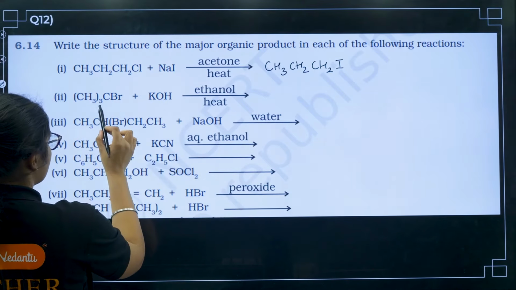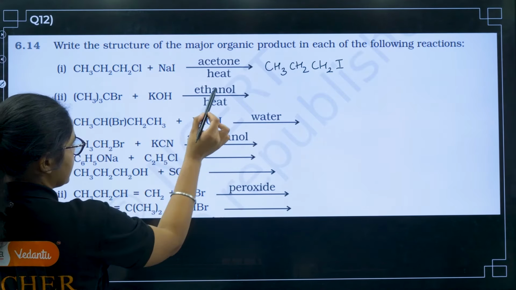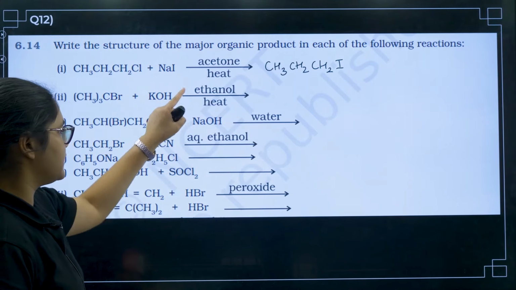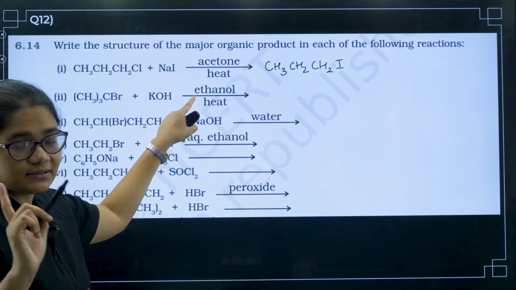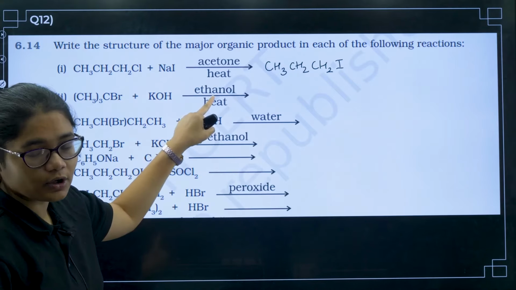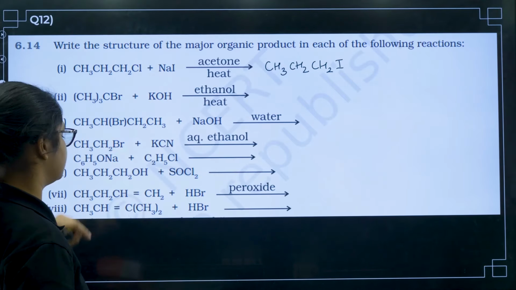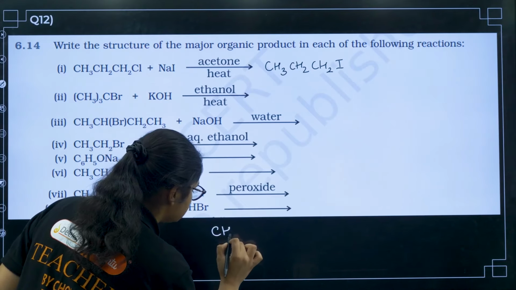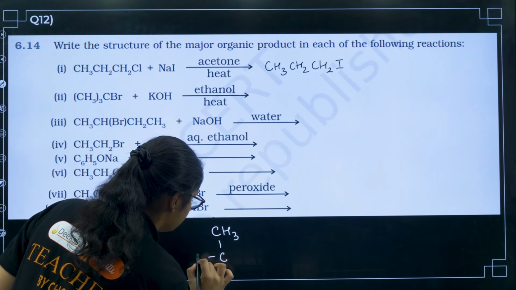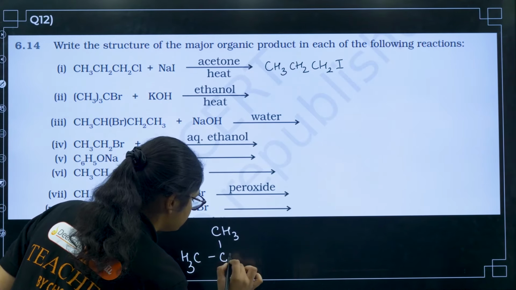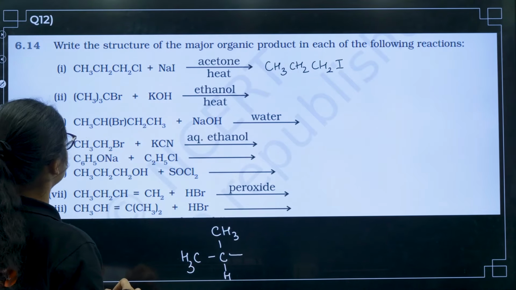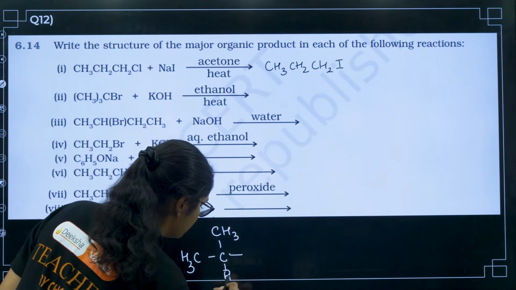Now (CH3)3CBr and KOH, ethanol and heat. So you have given alcoholic KOH. See, when you have aqueous KOH, substitution takes place. If you have given alcoholic KOH, elimination will take place. So if I want to show you here, it is like this: CH3, C, CH3, and I have Br here.